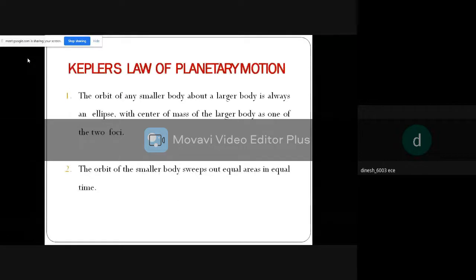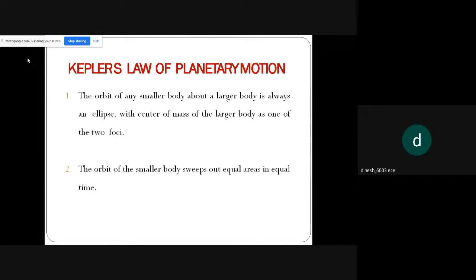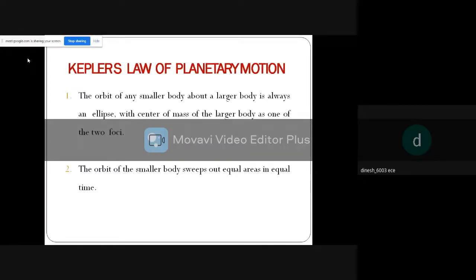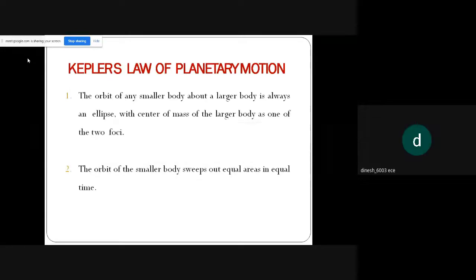So coming to the first topic, Kepler's law. Kepler's law stands as a basis for any bodies which are revolving around any other bodies.